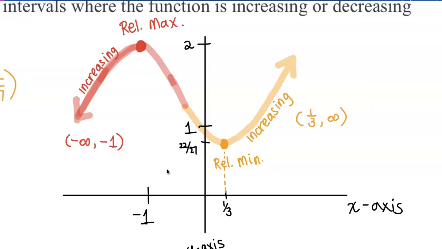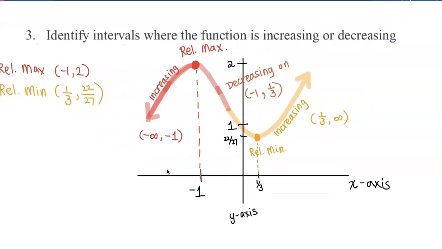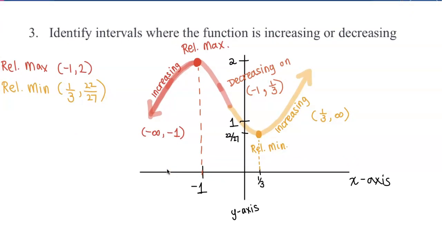But this was definitely going down in between, in the middle of these two. So we have a decreasing interval on, what's the x value? -1 to 1/3. So we have identified the intervals where it is increasing or decreasing.